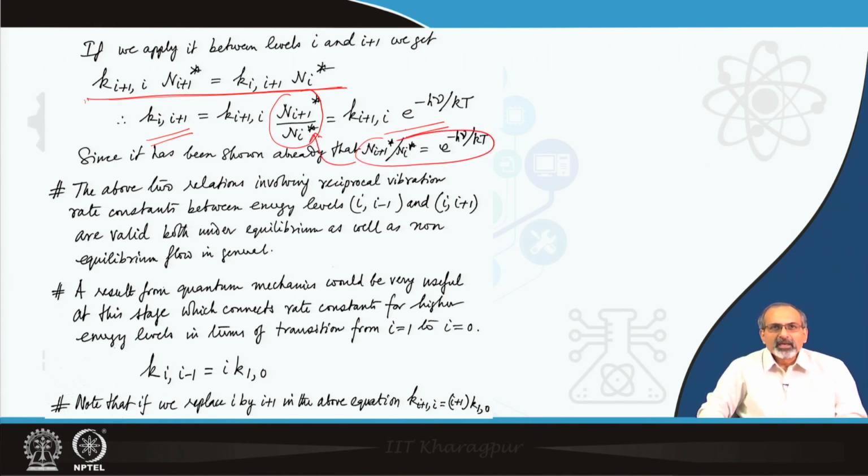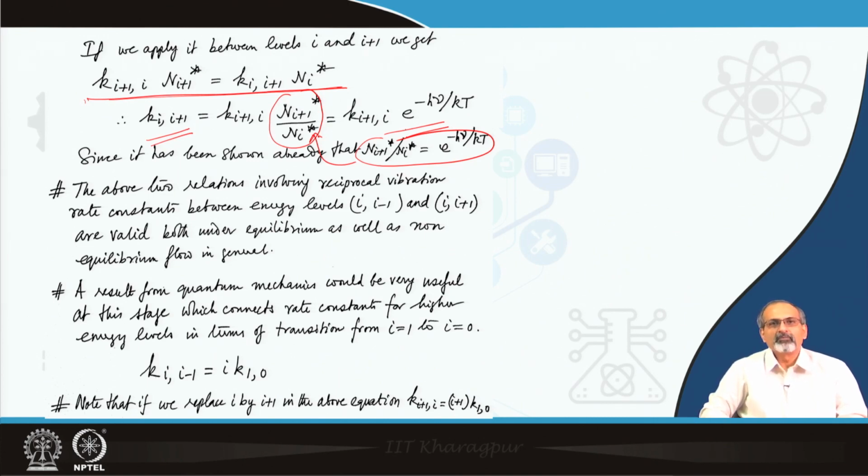Now, the above two relations that we just saw involve reciprocal vibration rate constants between energy levels I and I minus 1, and I and I plus 1 respectively, and they are valid both under equilibrium as well as non-equilibrium flow in general.